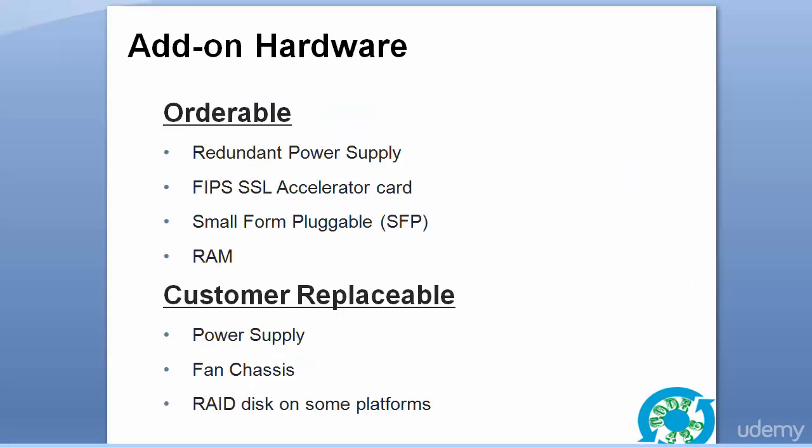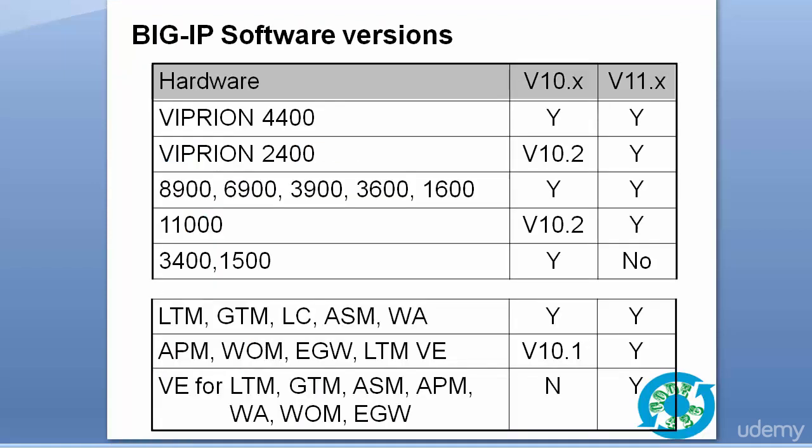F5 devices have a variety of add-on hardware, such as redundant power supplies, extra RAM, and accelerator cards. This shows which versions of software each device can support.